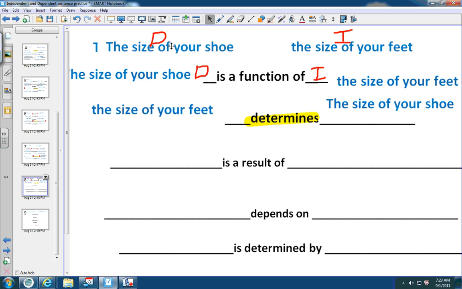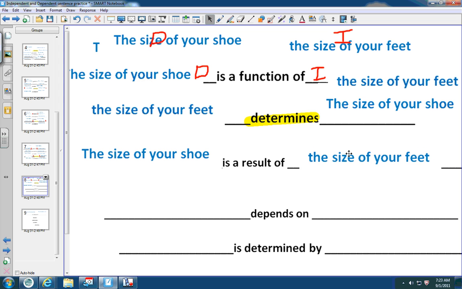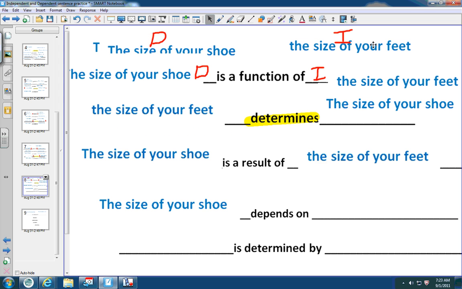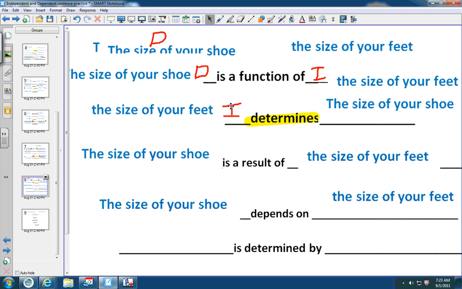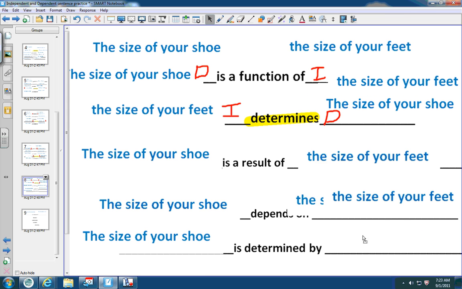Is a result of: the size of your shoe is a result of the size of your feet. Size of your shoe depends on the size of your feet. Oh, I forgot to put these I and D over here to separate them to show the difference. And then I have, again here, the size of your shoe is determined by the size of your feet.